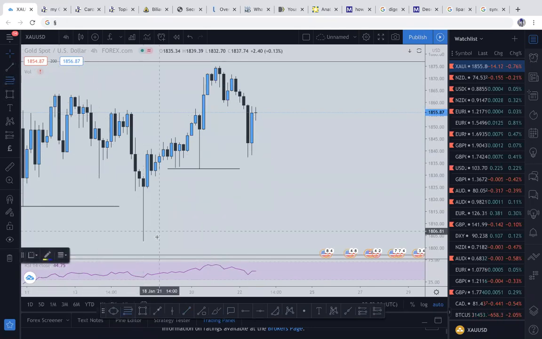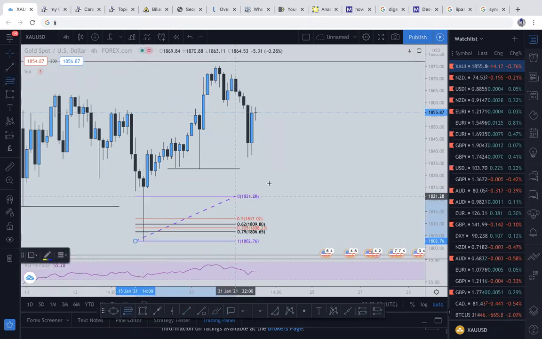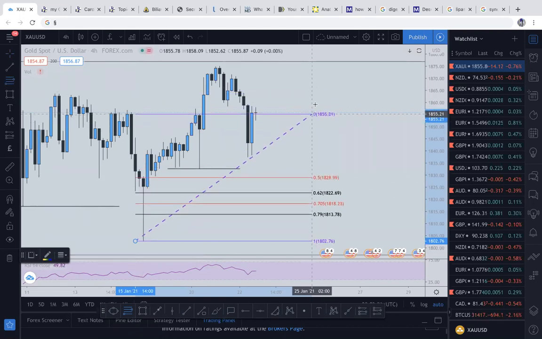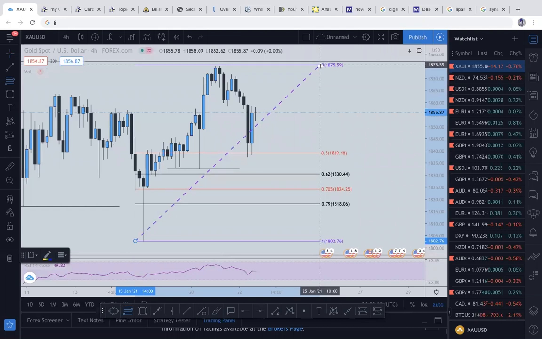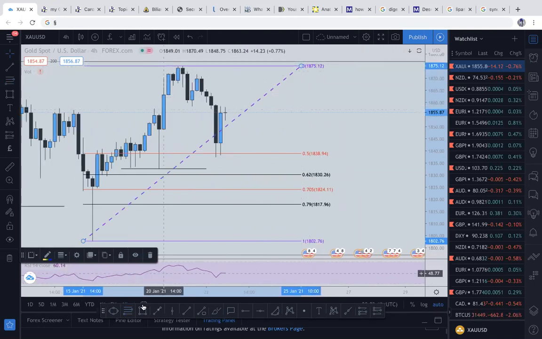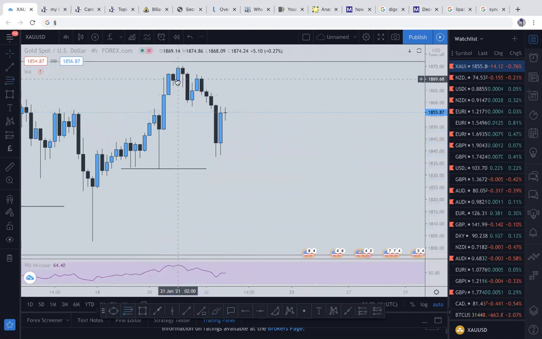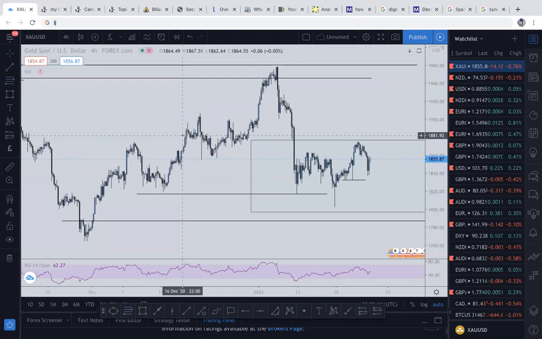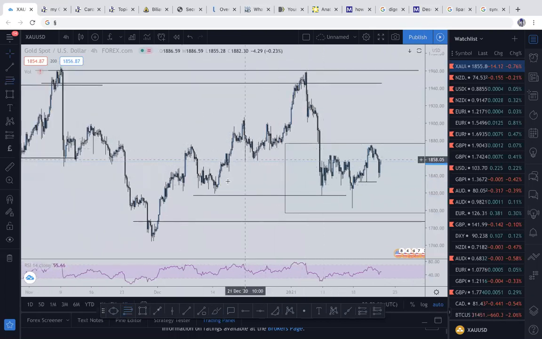If I pull my fib from here to there, gold could be going bullish right now. Nobody knows. However, there is an imbalance sitting up here, so we need to pay attention to this area as well. We will dive deeper and see where price is currently going, because now I am to the downside really because of the break of market structure.